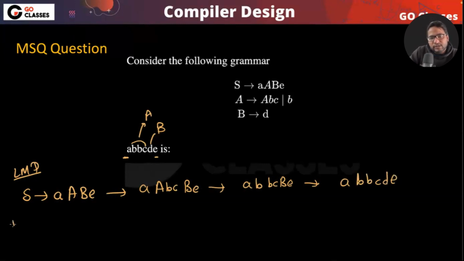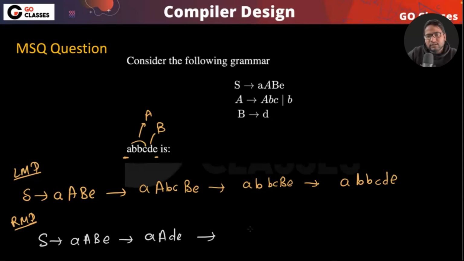Can you do the rightmost derivation of this string? So till now it is the same, obviously. Now this B will go to D. This A will go to now ABC. This capital A will go to B again, right? So this is the rightmost derivation of this string.